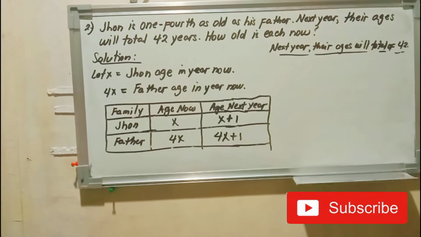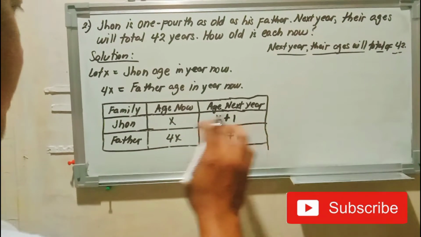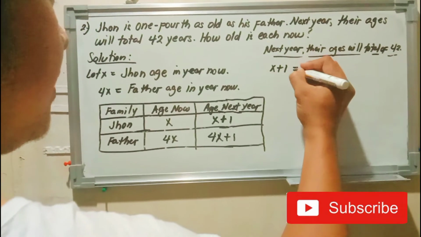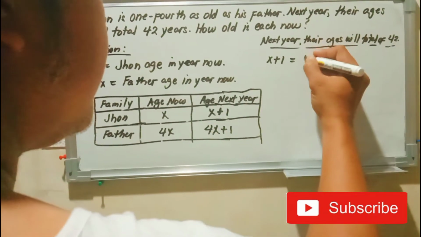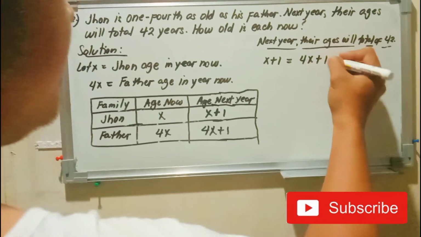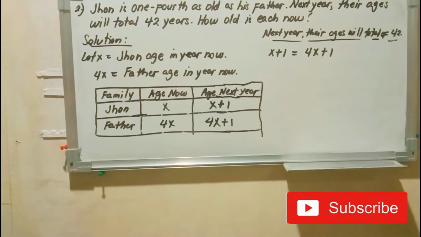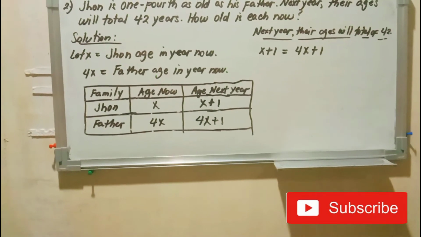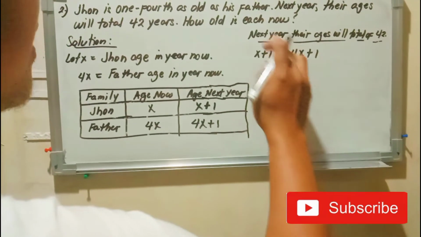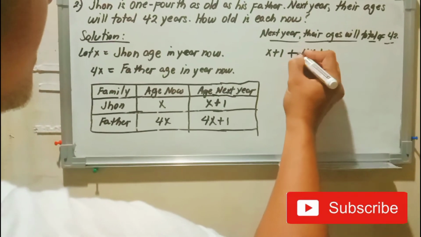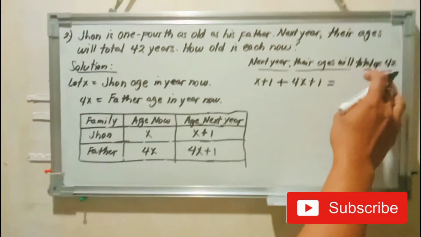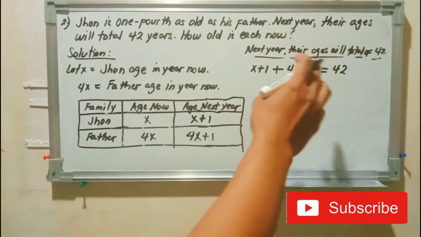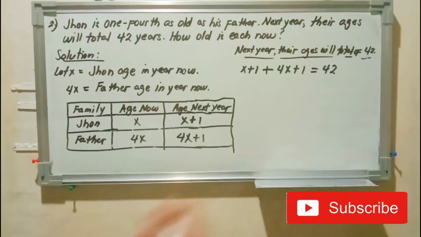To equate, John is x plus 1, the father is 4x plus 1, is equal to 42. This is their ages next year, both.